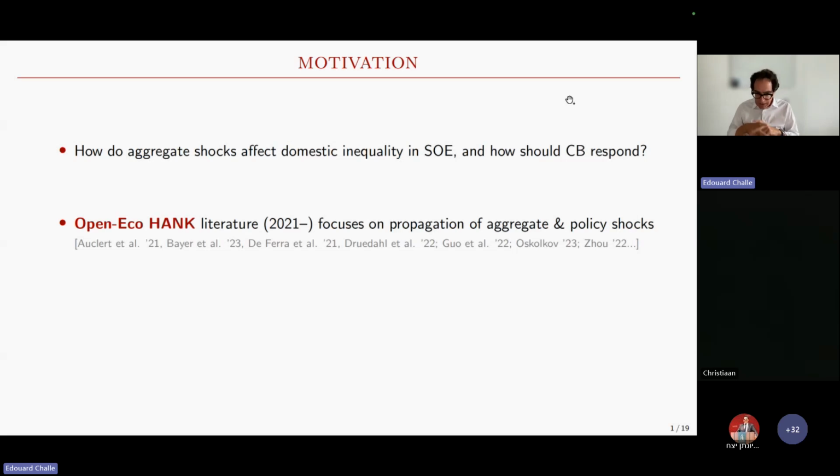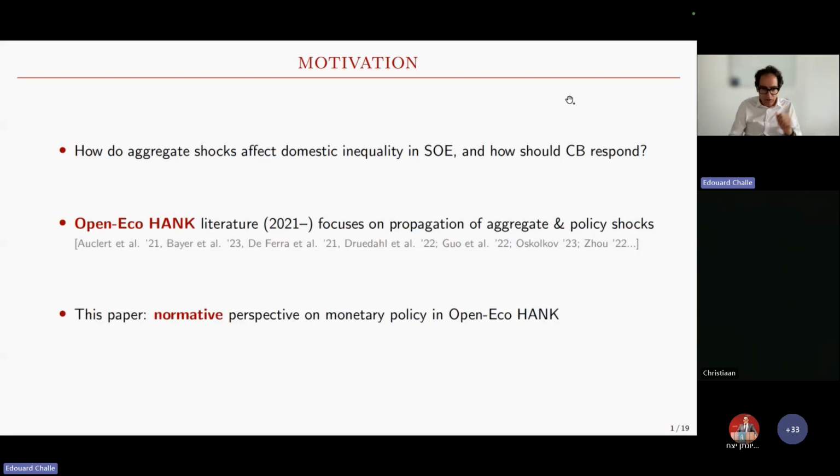Okay, and thus far, there have been some follow-up papers looking at other shocks, trade shocks, capital flow shocks, under various assumptions about financial integration, trade integration, and so on. What this literature has been mostly interested in are the positive effects of aggregate shocks.